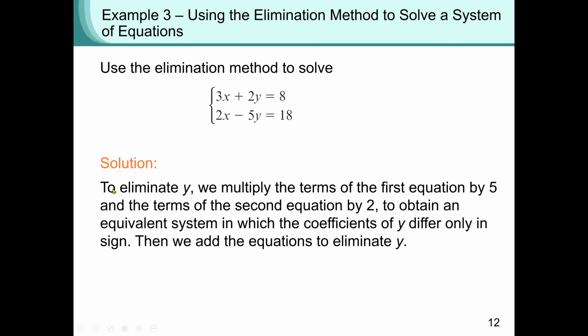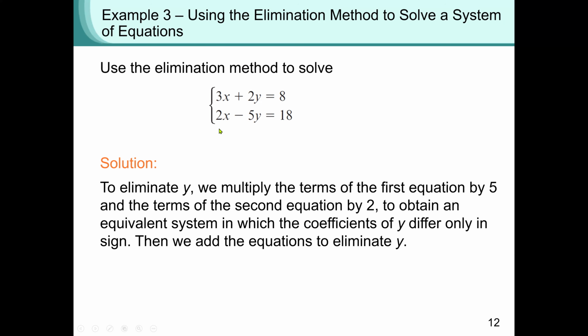So that's what we said here. To eliminate y, we multiply the terms of the first equation by +5 and the terms of the second equation by +2, to obtain an equivalent system in which the coefficients of y differ only in sign. Because we have plus and minus already, we don't need to worry.